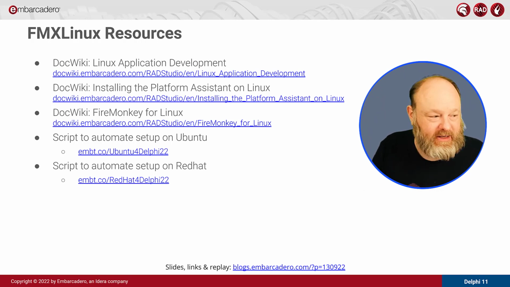First, there's the doc wiki on getting started with Linux application development, installing a platform assistant server, and details on FMX Linux. Then there are those two scripts I have for setting up Ubuntu and Red Hat for development with Delphi 11 Alexandria.